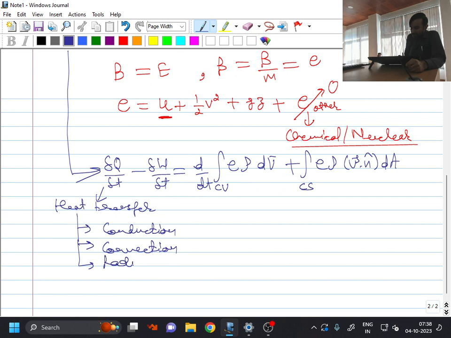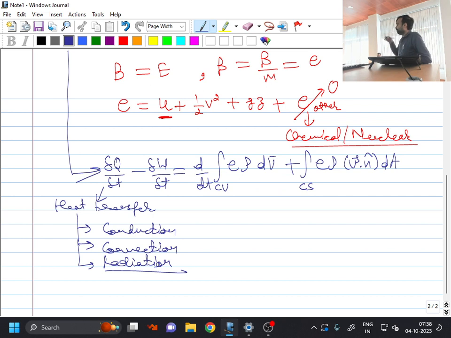But we are not interested at the moment in analyzing what mode of heat transfer is taking place, and in the majority of cases in fluid mechanics we will even neglect heat transfer, taking it to be zero.